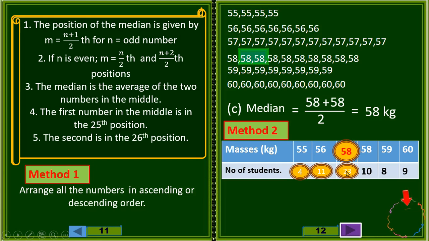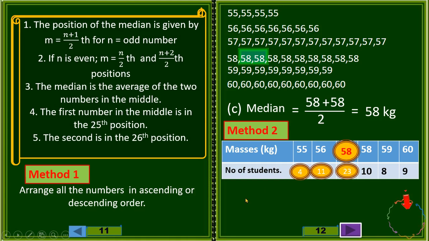You discover that 23 is in the same group with mass of 58 kilogram each. 24 is in the same group. 25 is in the same group. 26 is in the same group. So the two numbers in the middle belong to the group that has each a mass of 58 kilogram.